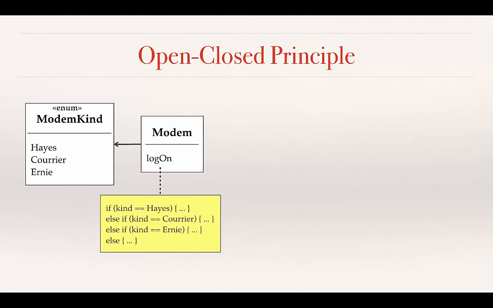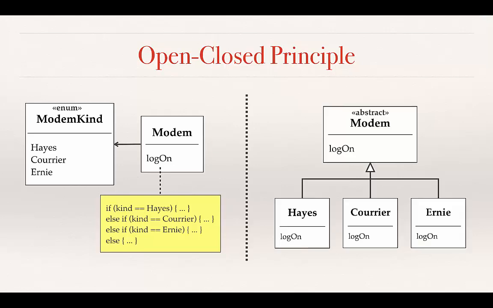As a result, it has this complicated conditional code in the logon method. And if you want to add another kind of modem to the application, you have to modify the logon method in the modem class. Unfortunately, this type of design is going to violate the open-closed principle.